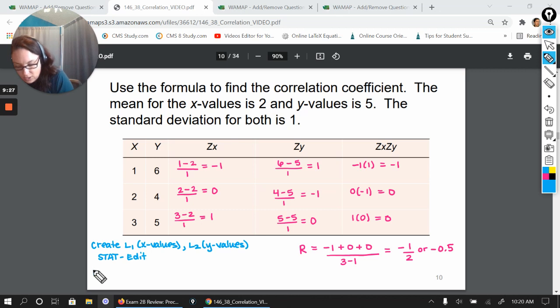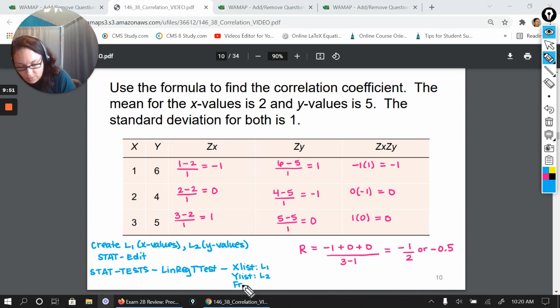After that, you will go to Stat and then Tests, and then choose the Linear Regression t-test option. And then where it says X list, you will enter list 1. Where it says Y list, you will enter list 2.